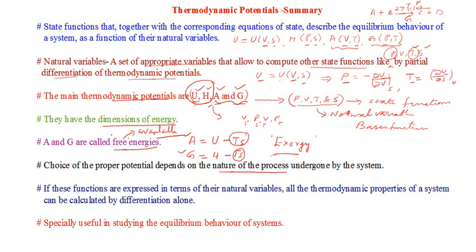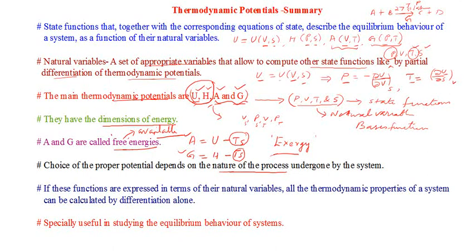Whether the system is undergoing a process under isochoric and isentropic conditions, isobaric and isentropic conditions, isochoric and isothermal conditions, or isobaric and isothermal conditions. Several combinations are possible, right? So depending on what kind of process is undergone by the system, you will have to choose the proper thermodynamic potential. That is your skill. For that you have to identify the natural variables of each of them.